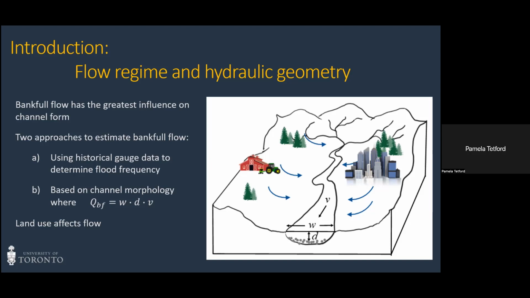More recently, however, land use has been shown to be modifying the flow of water across the landscape to a channel, and this is impacting a channel's natural hydrogeomorphic response.